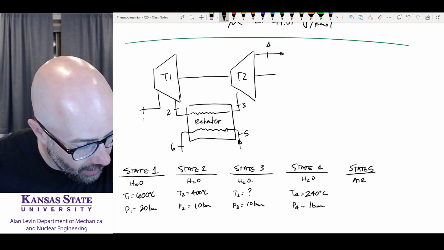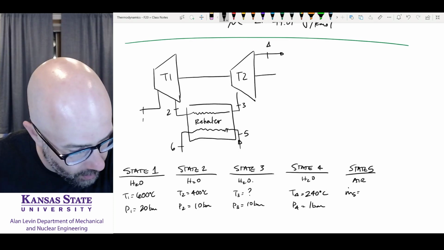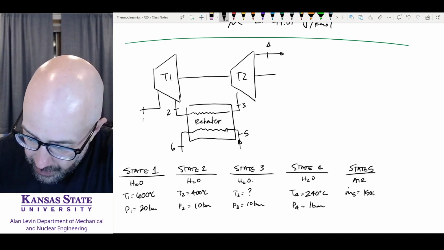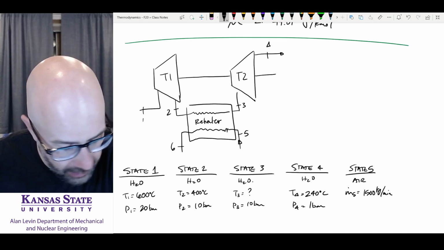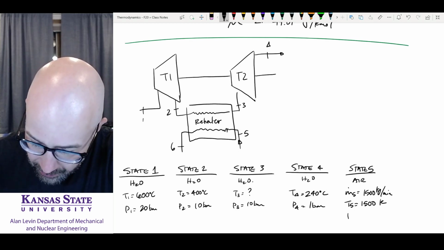And they tell us a few things about the air. They tell us the mass flow rate at 5 is equal to 1,500 kilograms per minute. They tell us that the temperature at 5 is equal to 1,500 Kelvin, and the pressure at 5 is equal to 1.35 bar.